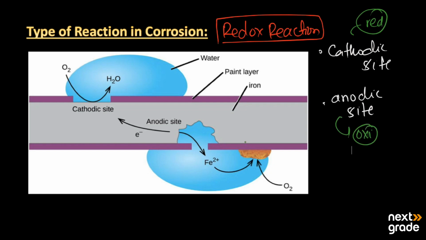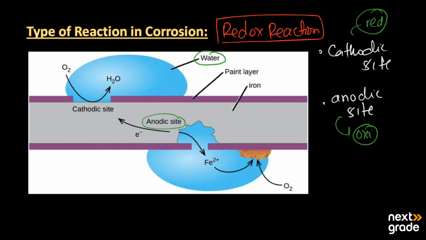Now, how do oxidation and reduction take place? If water is present in high concentration on one side, and in low concentration on the other, the site where there are stains or dents on the surface of the iron will work as the anodic side.